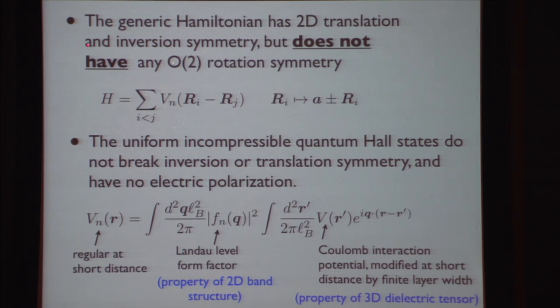Okay, so again, looking at this, the generic Hamiltonian, the actual dependence of the projected system, it has this feature that it's a combination of the Fourier transforms.